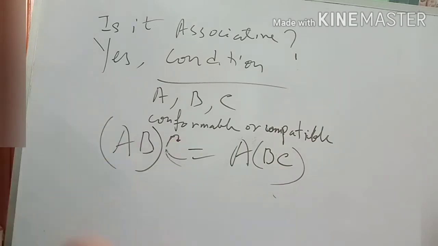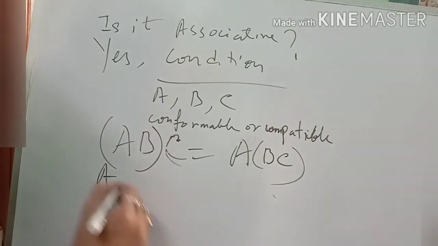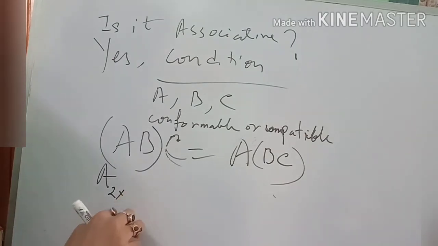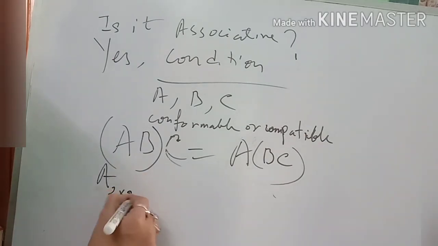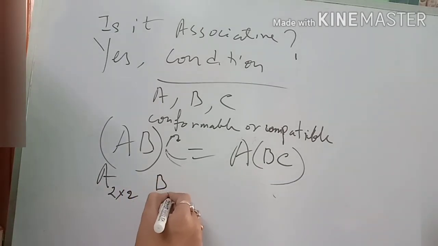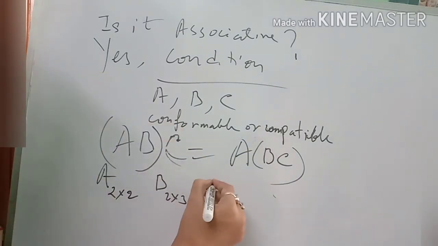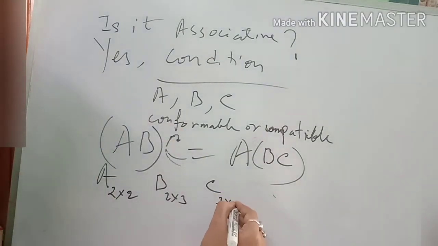Suppose A is of the order 2 cross 3. Let us take simple 1, 2, 3. B is of the order 2 cross 3. And C is of the order 3 cross 2, or it can be 3 cross 1.